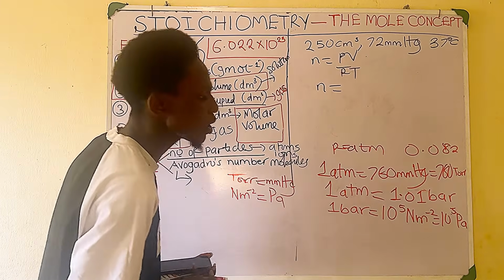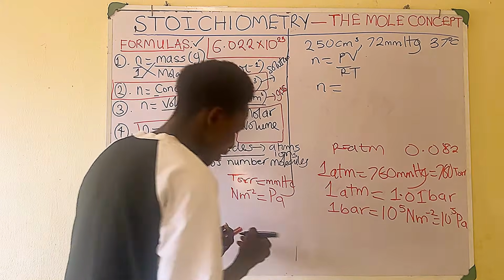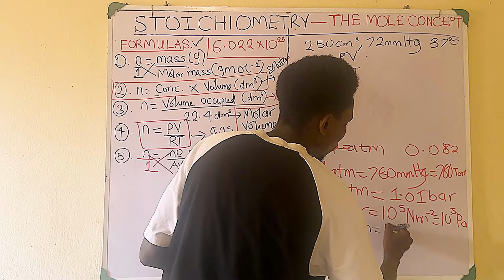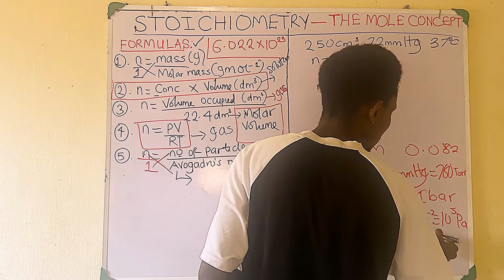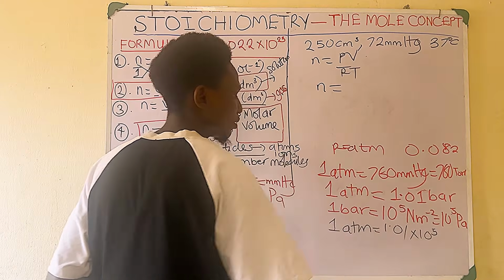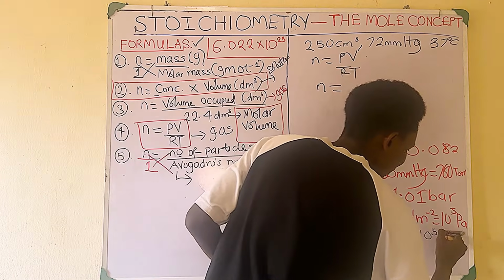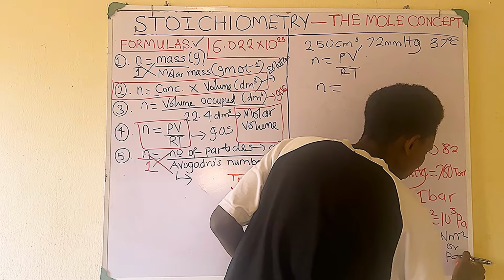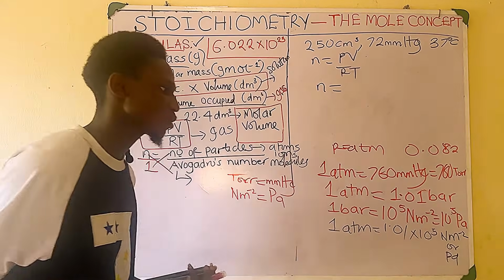Since 1 atmosphere equals 1.01 bar and 1 bar equals 10 raised to the power 5, it means that 1 atmosphere equals 1.01 times 10 raised to the power 5 Newton per meter square or Pascal. So this is the relation between atmosphere and Pascal.